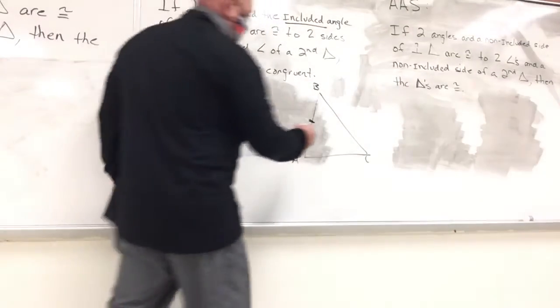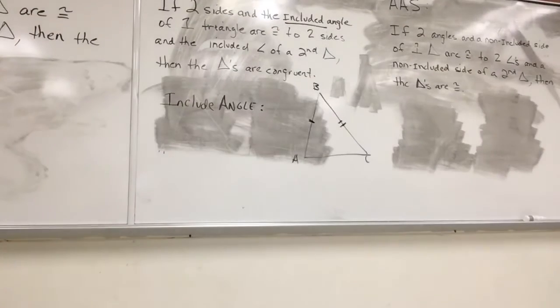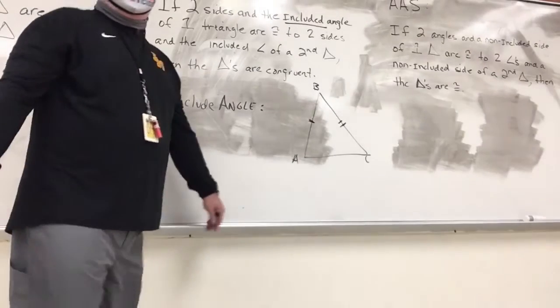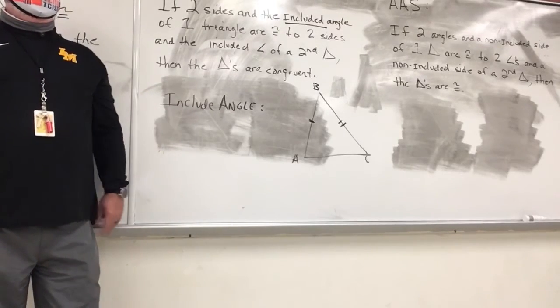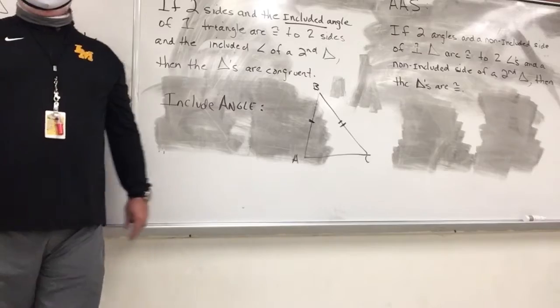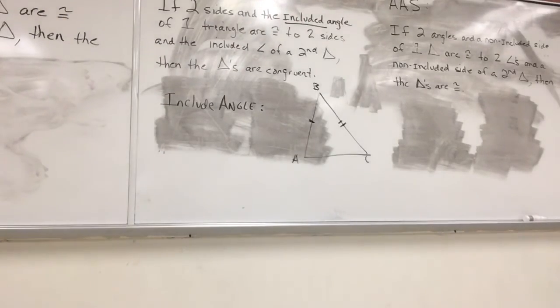All right, fantastic. In your best guess, where do you think the included angle would be? What angle would be included? C. Okay, anybody else? A. Well, there's only three choices, right? It's either A, B, or C.